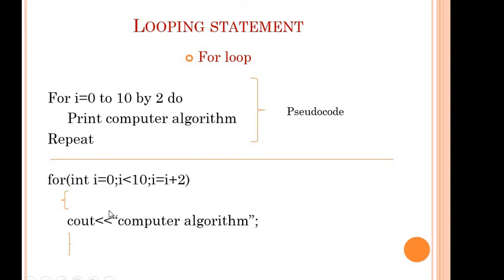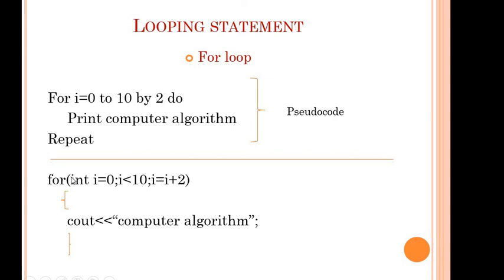The same thing is given in the way of pseudocode here. The word for is here. They initialize the I variable. Instead of a semicolon, they are using the word to. They are giving the condition, and then the value to be incremented is given by the word by.